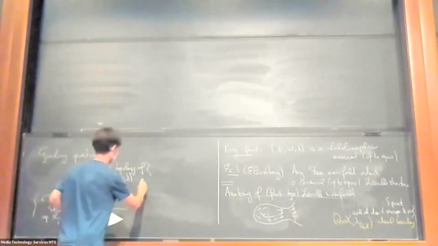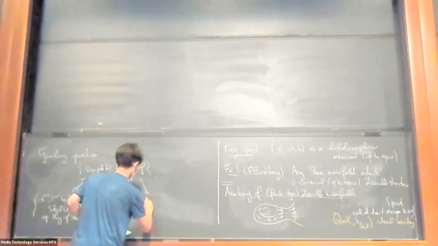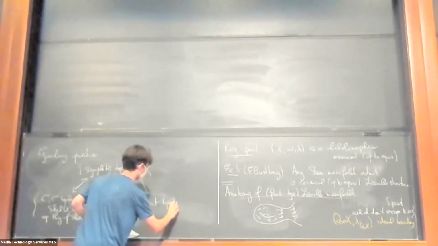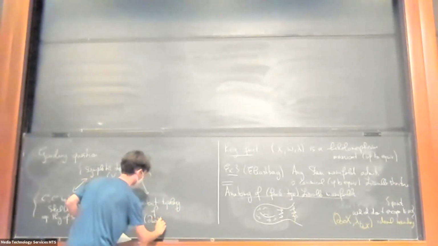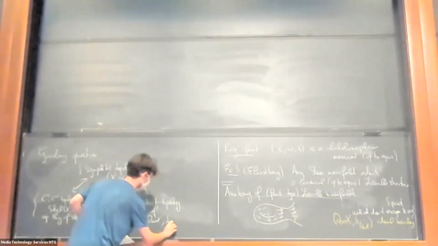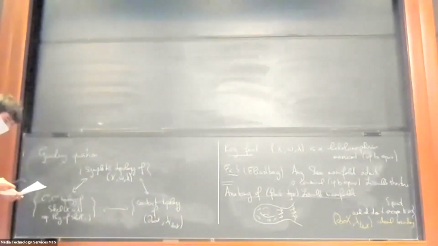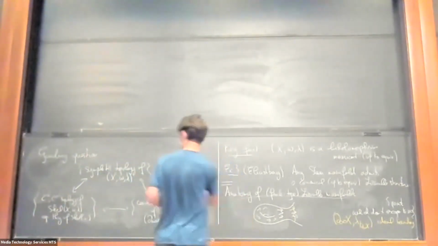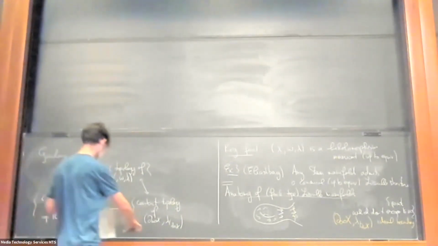And finally, how does this interact with the contact topology of the ideal boundary? So, I have 2 more minutes. Let me end by stating some example theorems which illustrate some of these interactions.